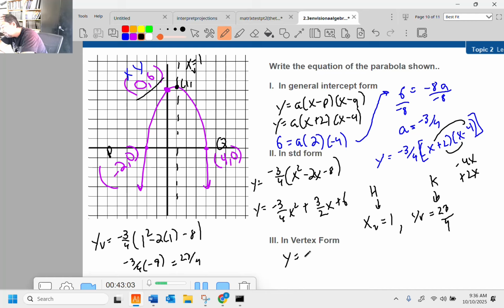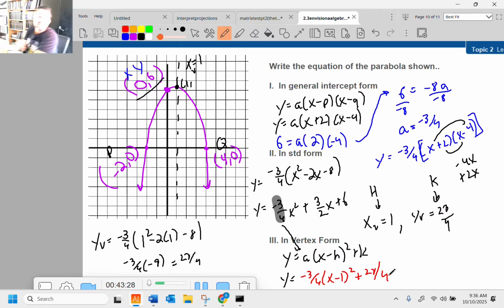The vertex form is y equals a times x minus h quantity squared plus k. That's a. So y is, I could have sworn I've been changing colors here, negative 3/4 times x minus 1 quantity squared plus k, which is 27/4.